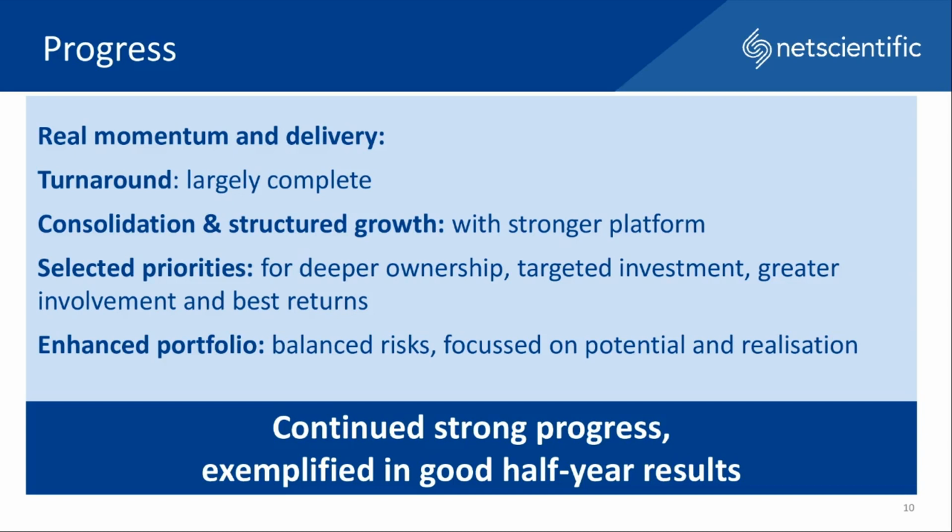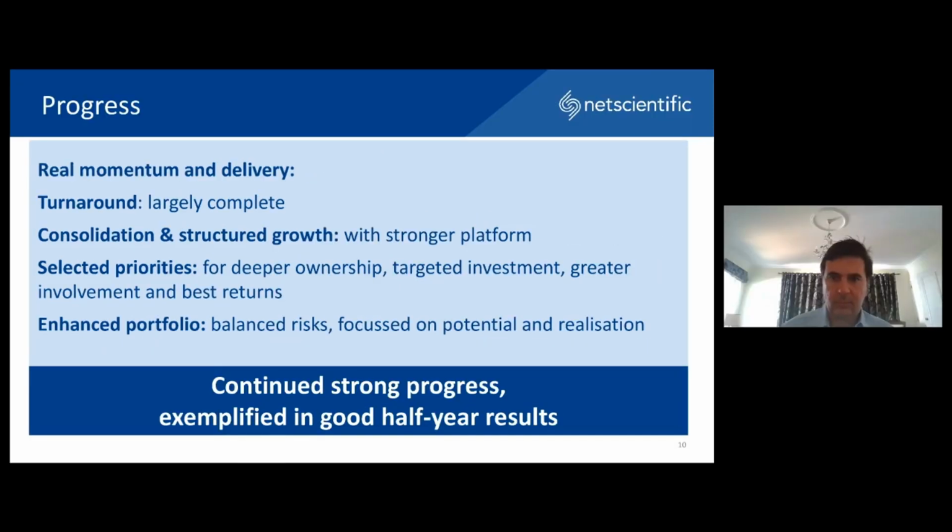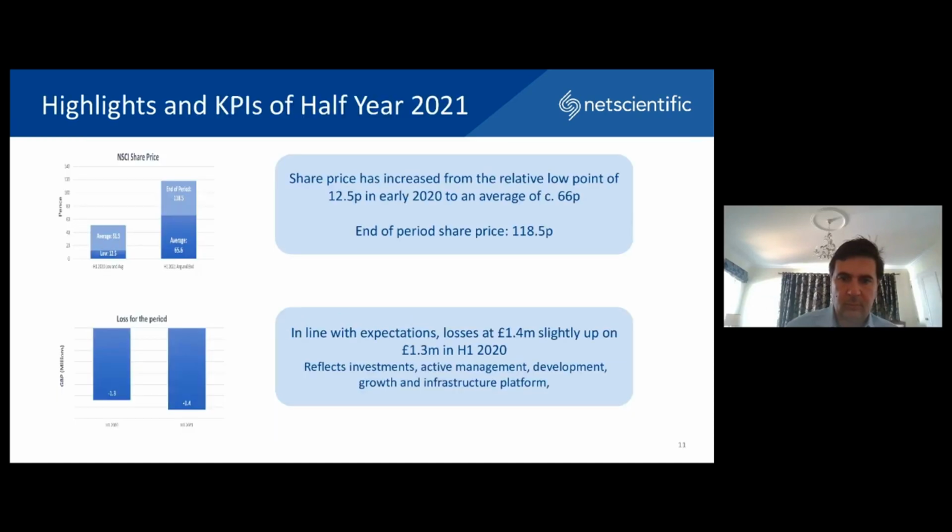So through that portfolio, we've got the balanced risk, but we're very much focused on the potential and realization. We believe the half-year results show strong progress, so we're very pleased with those results. But in that sense, it is the continuation of the theme, and we expect that to continue going forward. But I'll hand over now to Ilian to take you through the numbers and the specific examples. Thank you.